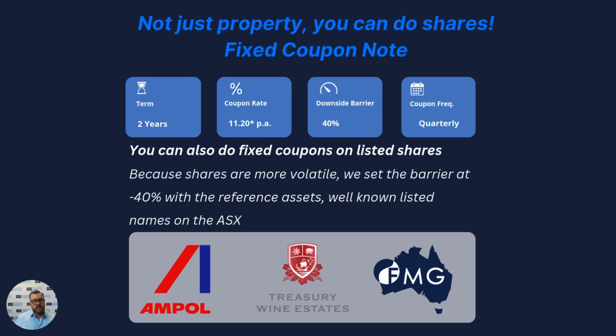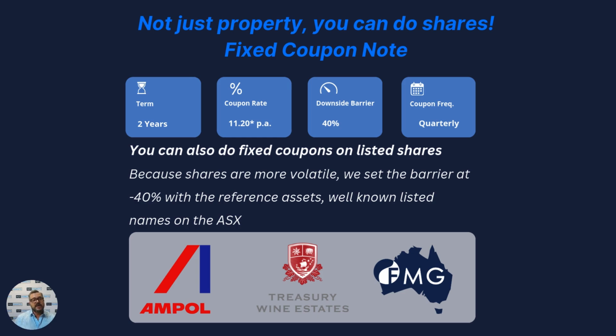Now, in this one, we got a 2-year period, but obviously with shares being a little bit more volatile, we set the barrier at down 40% with the reference assets, giving us a lot more room for the ups and downs of what the share market does, which is usually quite a bit higher than the property market. But what we got there was an 11.2% per annum coupon, and still paid quarterly over the course of the 2 years. You can early exit this one after about a year as well.